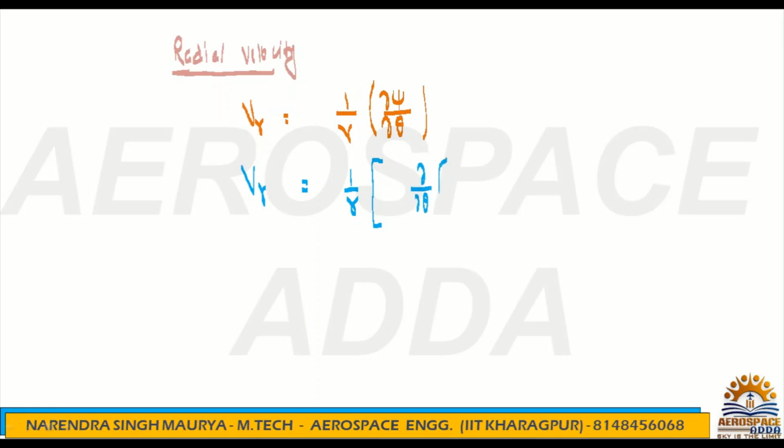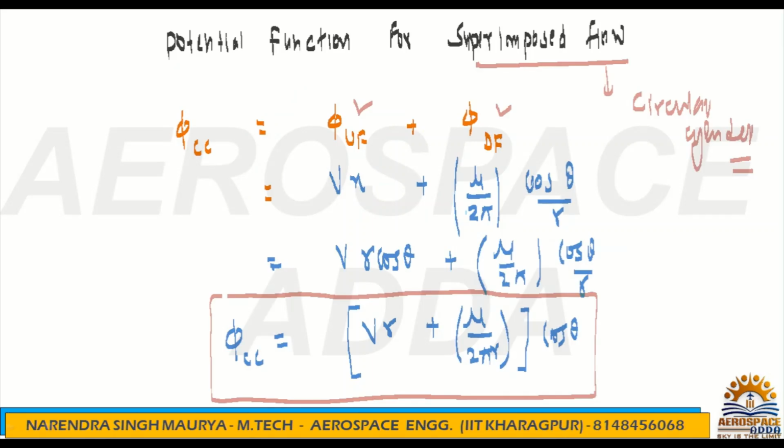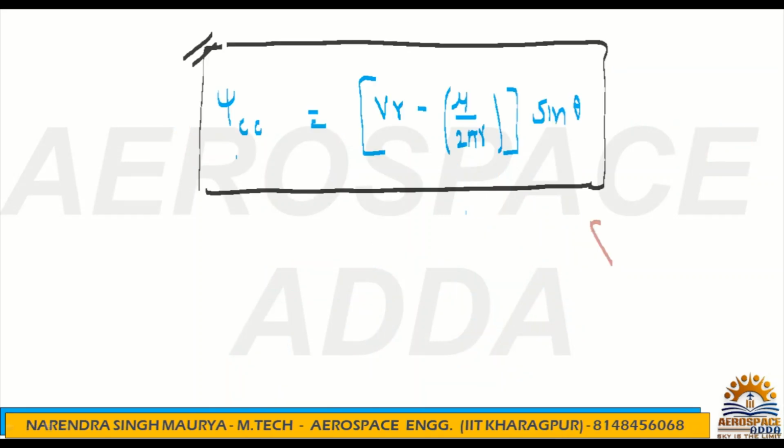And the psi value you have just calculated. What is that? It is psi = V r minus mu upon 2 pi r, sine theta.